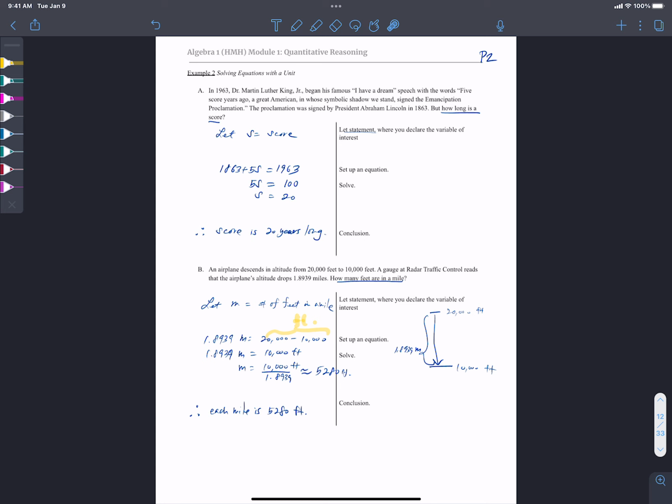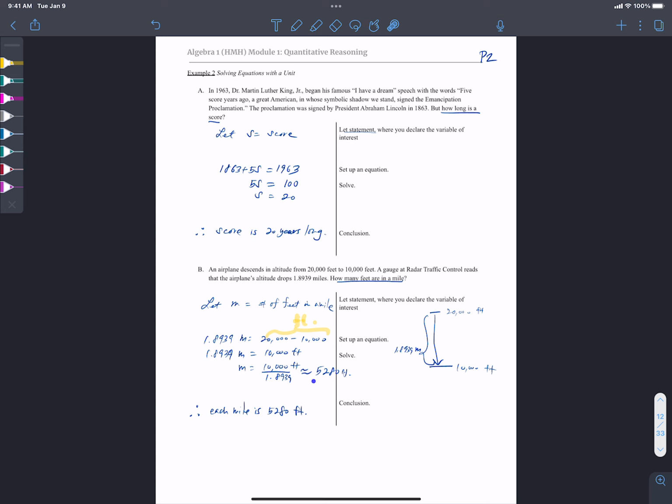In that 1.89 miles, I'm going to call M the rate that tells you the number of feet in a mile. So when you multiply it, you should get the feet on the right-hand side, right? So when you divide by it, you're left with the 1 mile here. 1 M is 1 mile. And you get the same expression we had before.